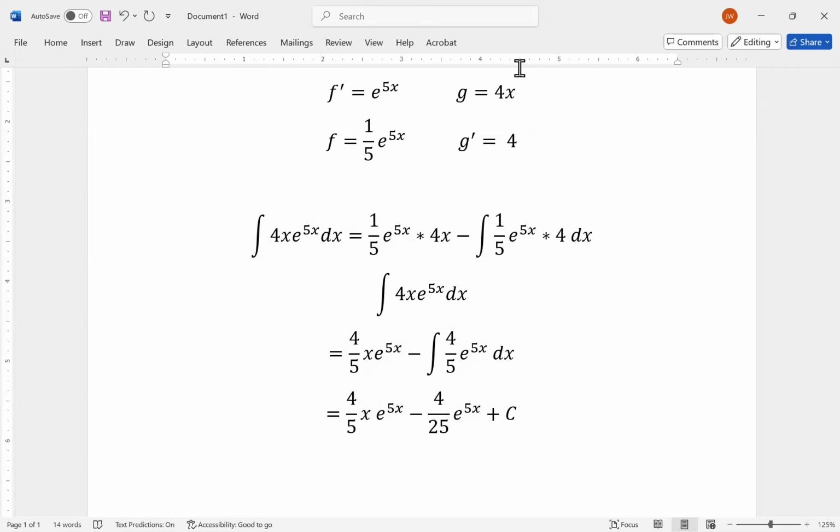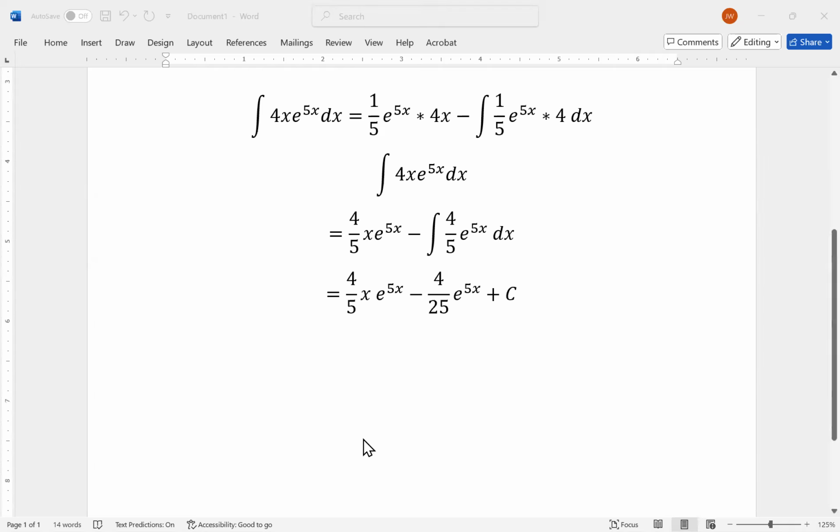That is our final answer. The integration that I was looking for turns out to be this. And basically, if you were going to check your answer, you could take a derivative of this.